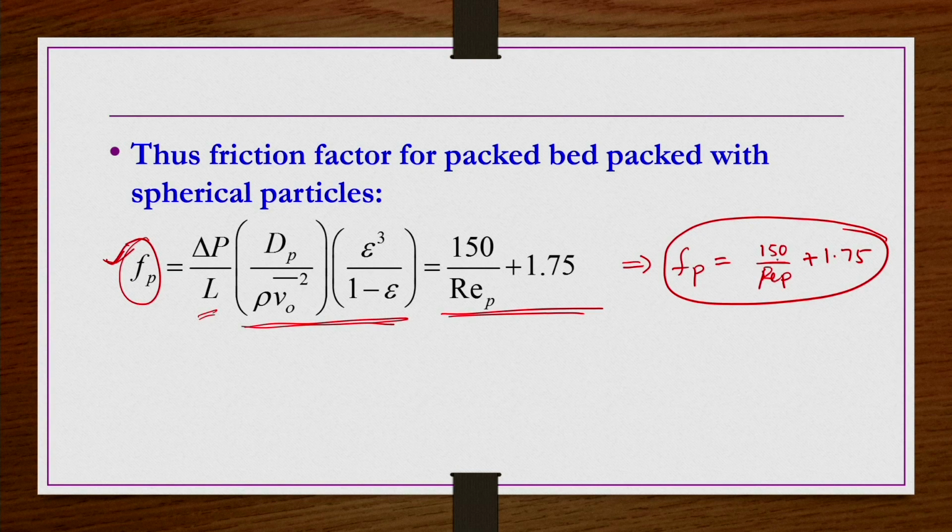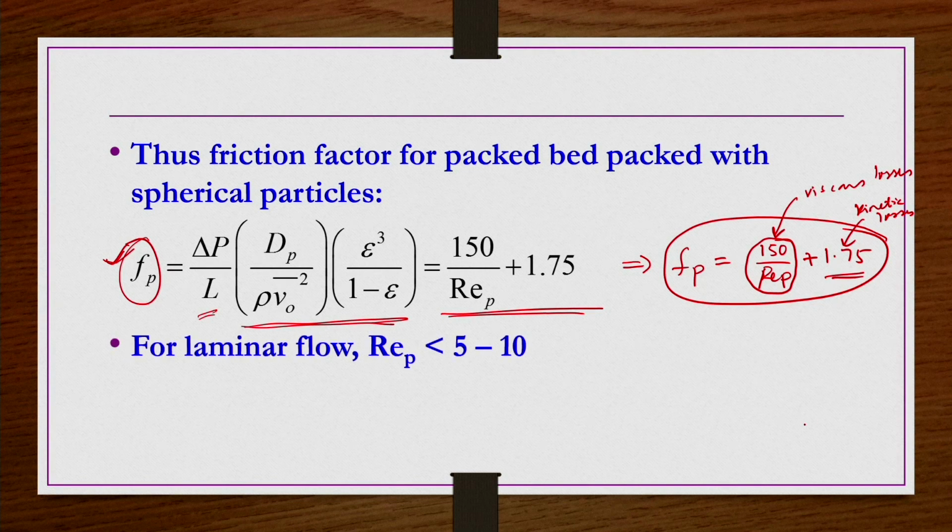The first contribution on the right hand side is the viscous losses, which has influence when the Reynolds number is small. The second part is known as the kinetic losses, the contribution due to kinetic losses, and this part has a dominant role when the Reynolds number is very large or the flow is very large.